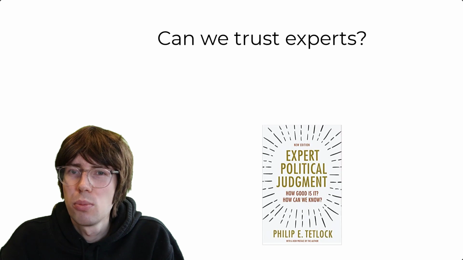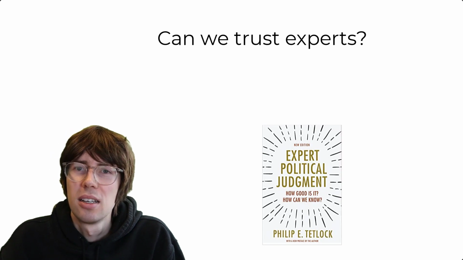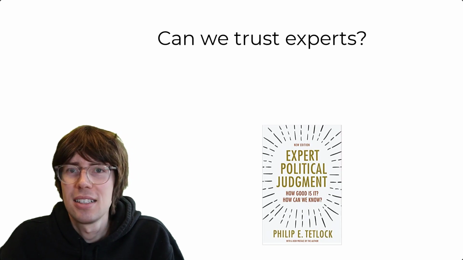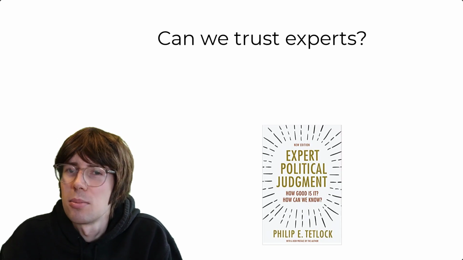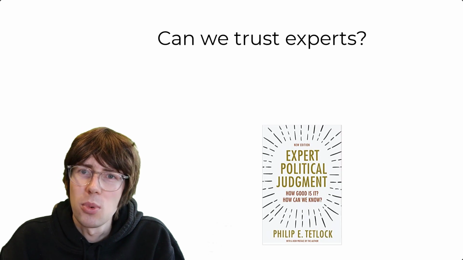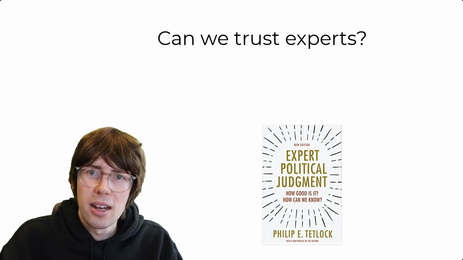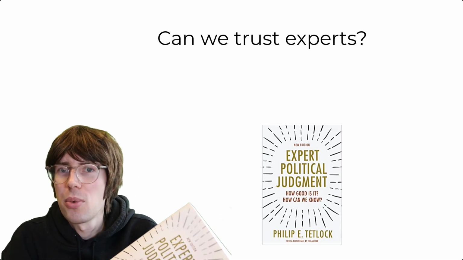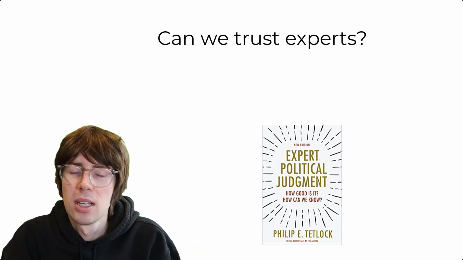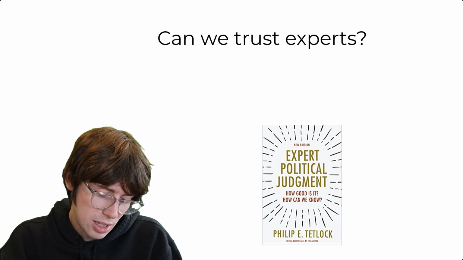When it comes to binary prediction tasks, for instance, will the Republican presidential candidate win the next election, yes or no, they were correct 50% of the time on average. That means you could just flip a coin. So this book gives us some empirical evidence on how accurate experts tend to be. I really recommend this book.